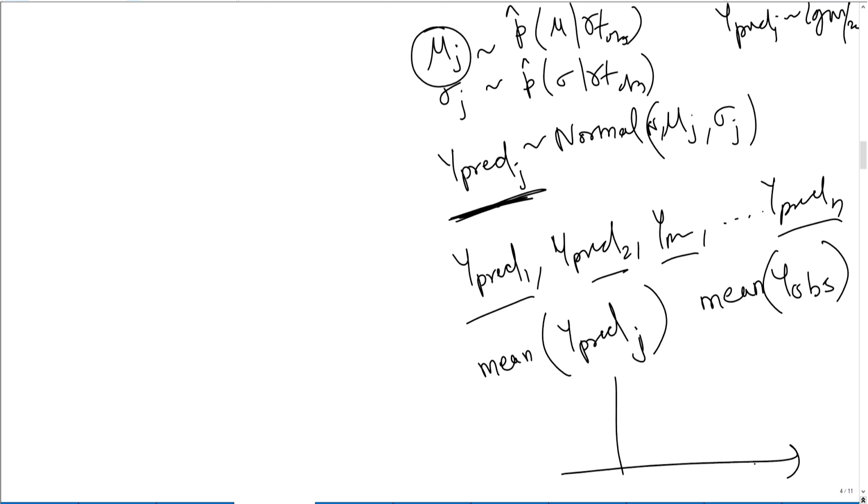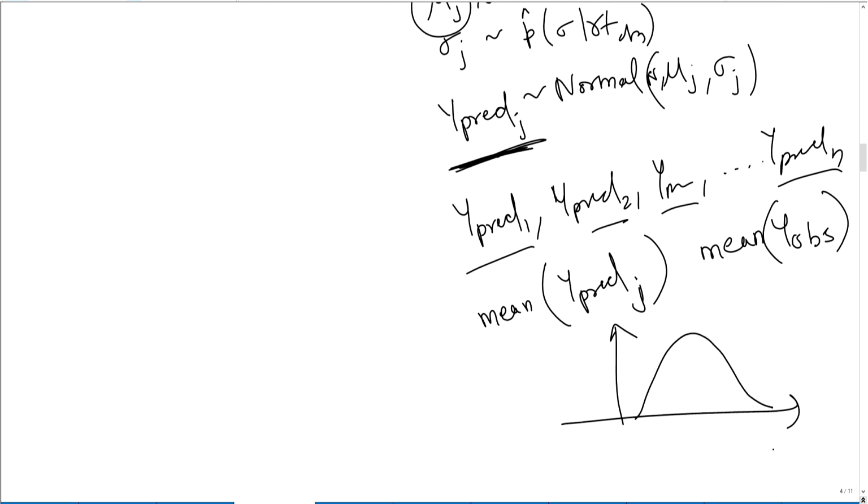I can draw a plot. Let's say this represents the mean of the posterior predictive data, and this line represents the mean of the observed data. And this is the distribution of means of predicted data.